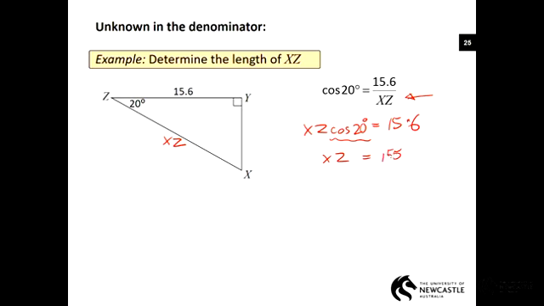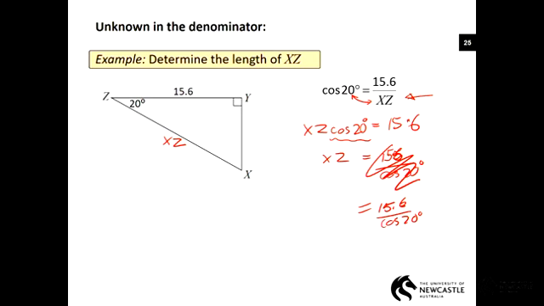over cos 20 degrees. All right. That's not too bad, it's just fractional. But also note what really happened. They swapped.